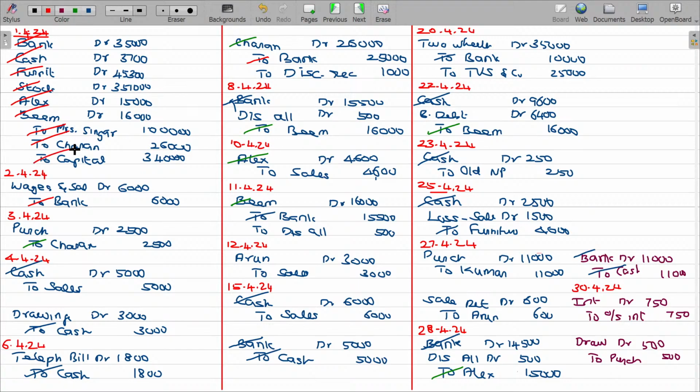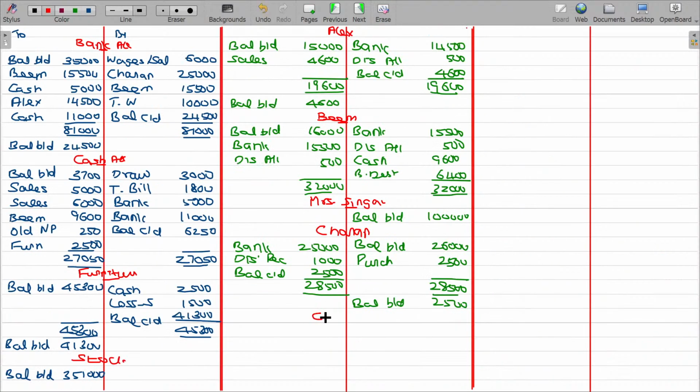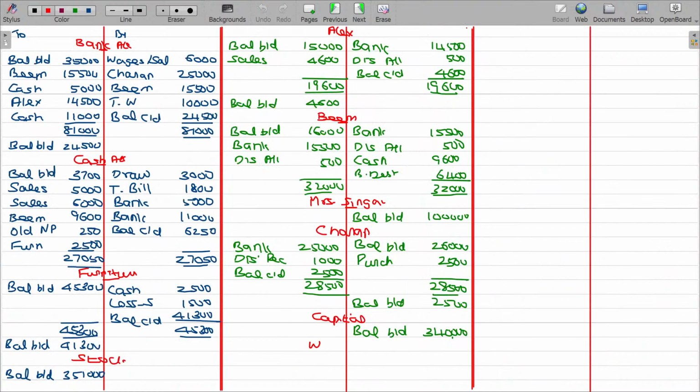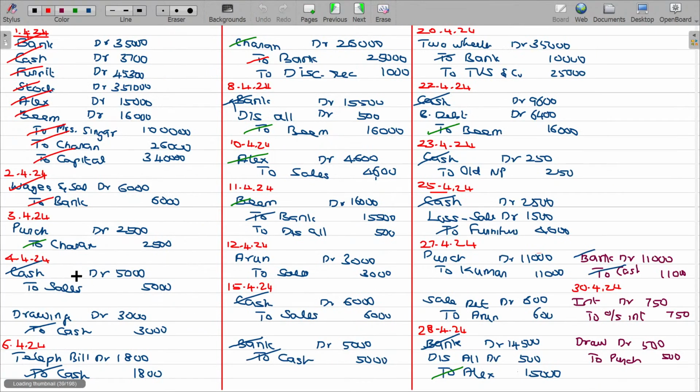Then we'll go for capital. The balance in the credit side, balance brought down, 3,40,000 rupees. There are no other adjustments here. Then transactions. We'll start with wages and salaries. Wages and salary, to bank, right?